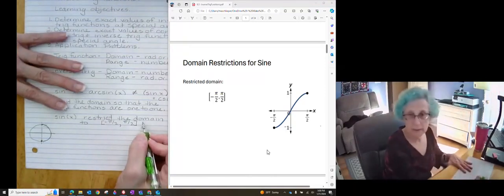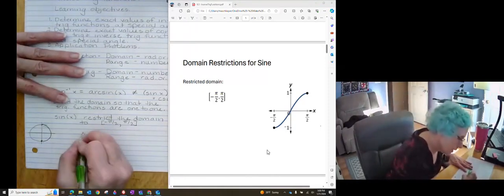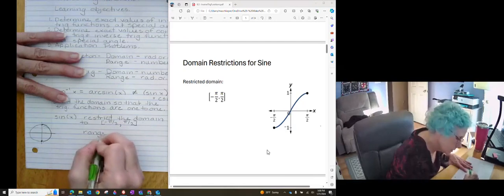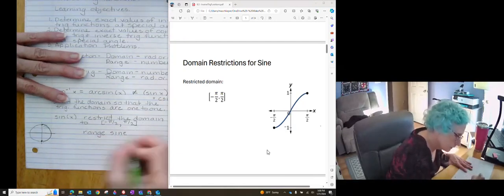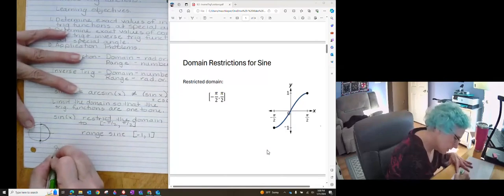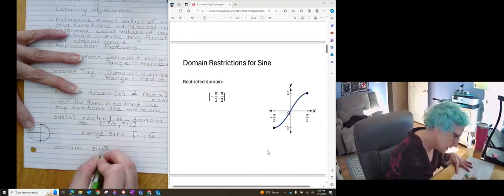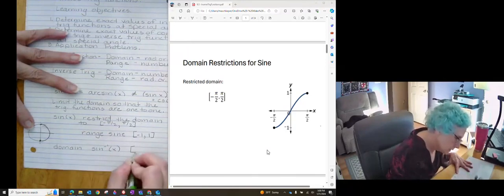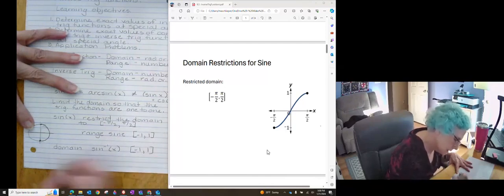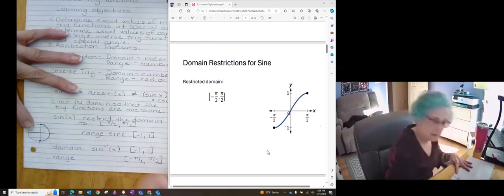So if the domain of sine is negative pi over 2 to pi over 2, and we know the range of sine is negative 1 to 1, that means the domain of inverse or arc sine is negative 1 to 1, and the range is negative pi halves to pi halves.